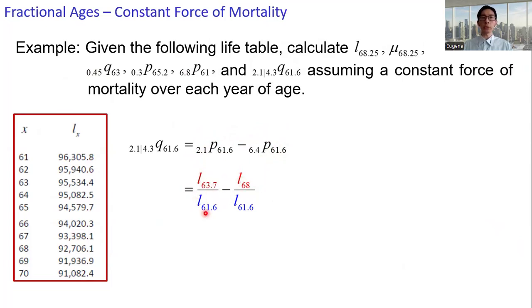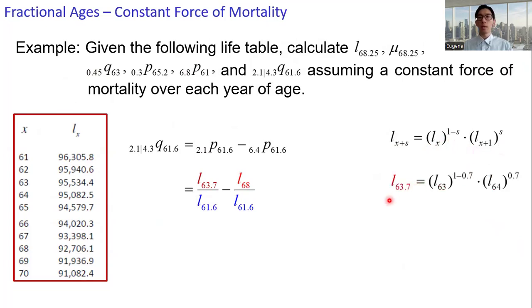For the non-integral l's, we make use of this expression: l_(x+s) equals l_x raised to the power 1 minus s times l_(x+1) raised to the power s. l_63.7 is between the ages 63 and 64. We have x equals 63 and s is 0.7.